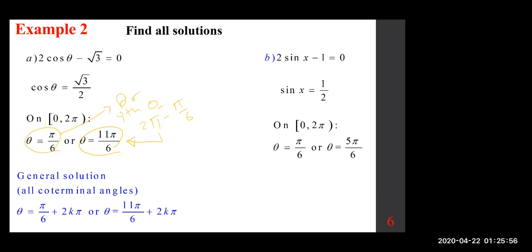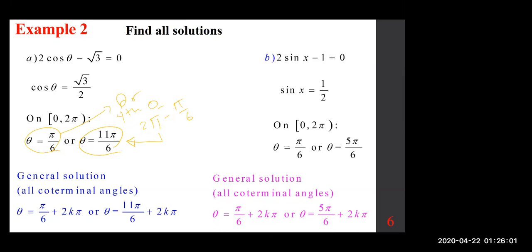It's asking for all solutions, so you add 2k pi or 2n pi. Remember, 2k pi or 2n pi, and as you do your homework, whatever your online math system is using, you stick with that. K or N, they are integers. All right, we're going to move on. Any questions so far?